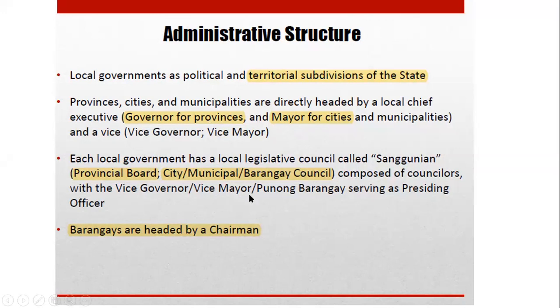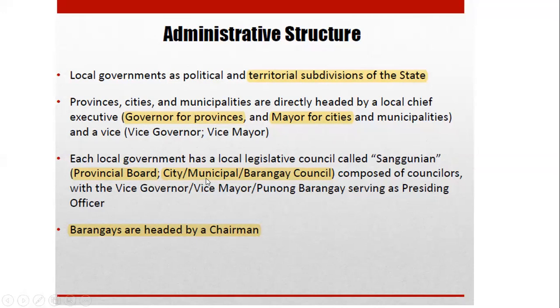However, there's also the legislative aspect of the local government. We call this the sanggunian or legislative council. So the sanggunian of the provincial government is your provincial board. That's why they are called board members.